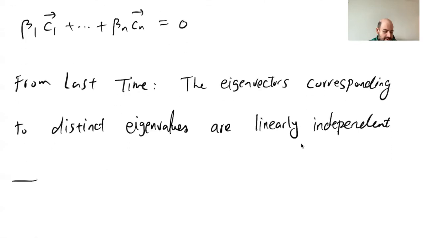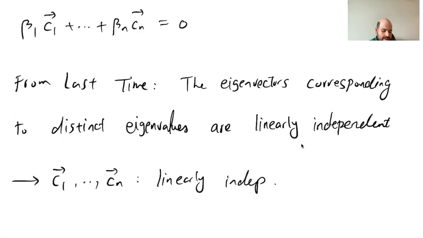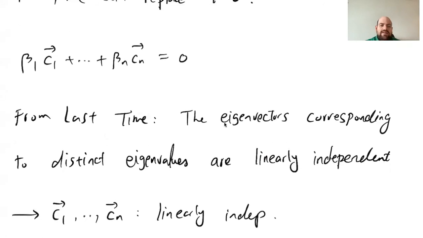So that means c1 to cn are linearly independent. So if c1 to cn are linearly independent, and if some linear combination of them is 0, then every coefficient must be 0.